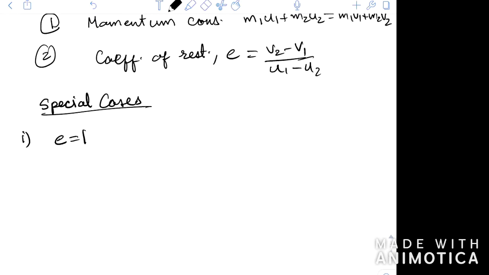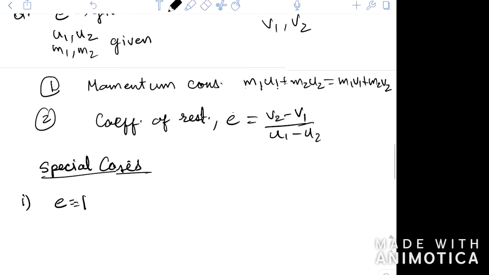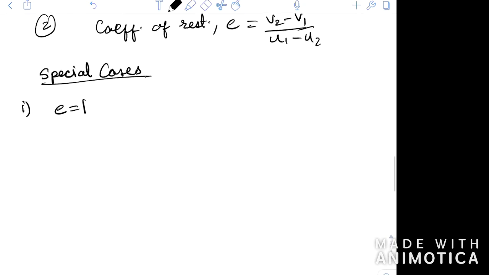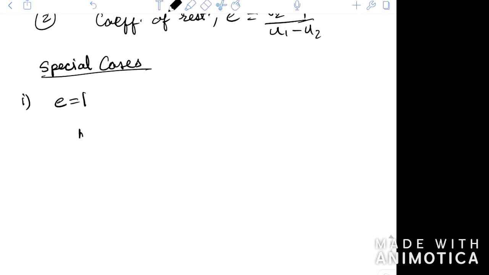Okay, in the case of the spring block system, you can imagine that the spring finally gets to its natural length, so there is no energy stored in the spring. So in this case, since e is equal to 1, the first equation will be m1 u1 plus m2 u2 is equal to m1 v1 plus m2 v2.